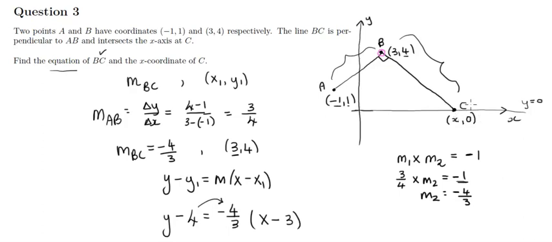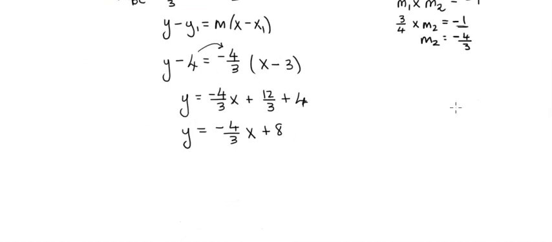But now we just need to get the coordinate of C, the x coordinate. So if we know that C is where y is 0, all we need to do is substitute and solve for x to find the x value for which y is 0. So we're going to make y 0: 0 equals -4 over 3 x plus 8.